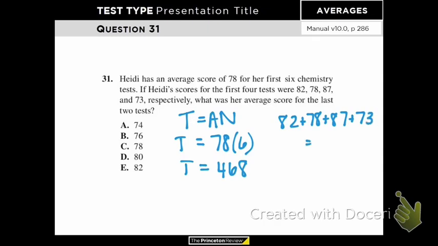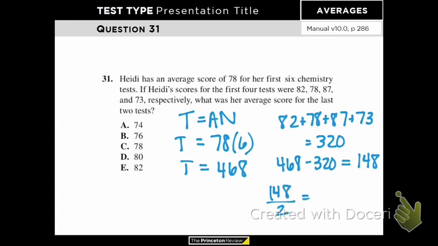That gives us 320. And then we subtract that away from the total. So 468 minus 320 gives us 148. That is how many points total she has left for the last 2 tests. It's asking for the average for those last 2 tests, so we take that 148 and divide it by 2, which gives us an average of 74.